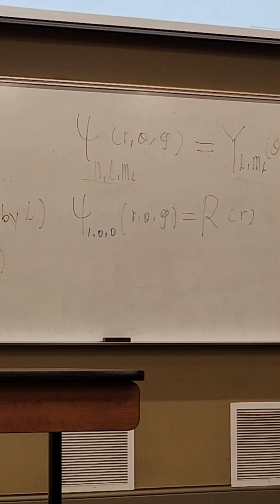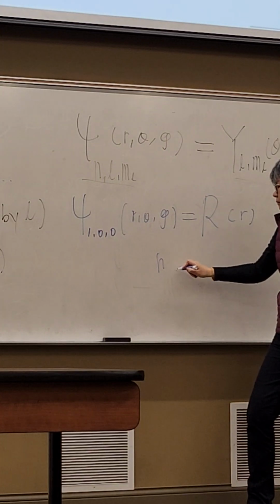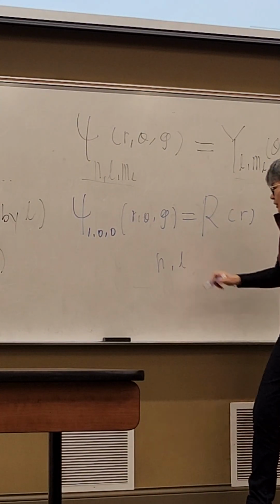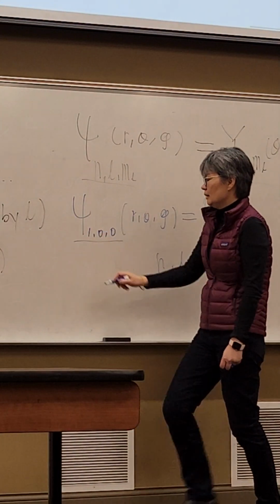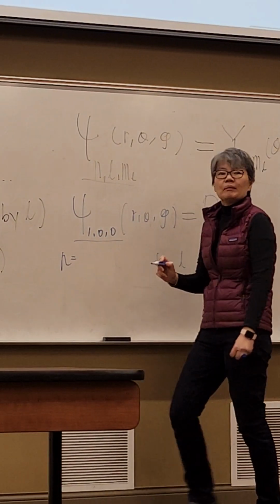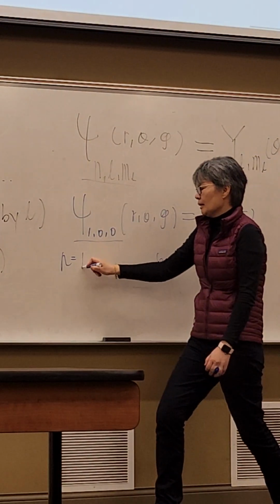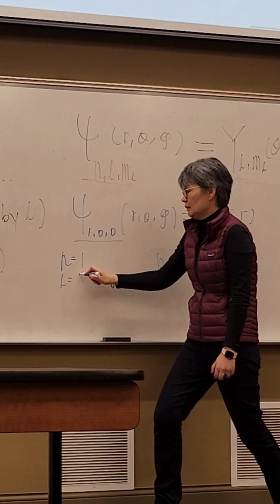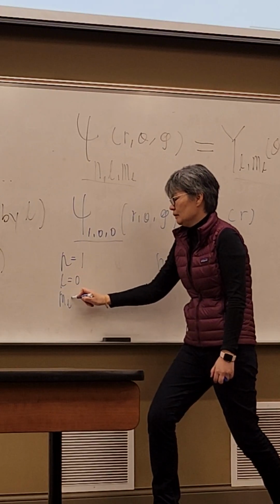The radial component depends on n and l. So for this, what is the n value for the quantum number? What about the l? And m sub l?